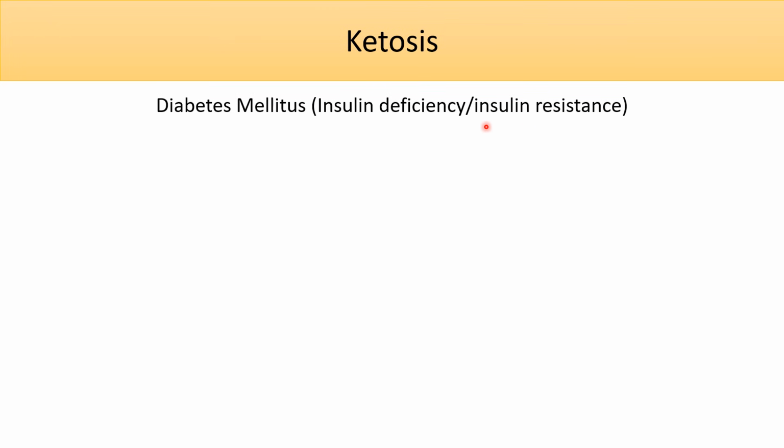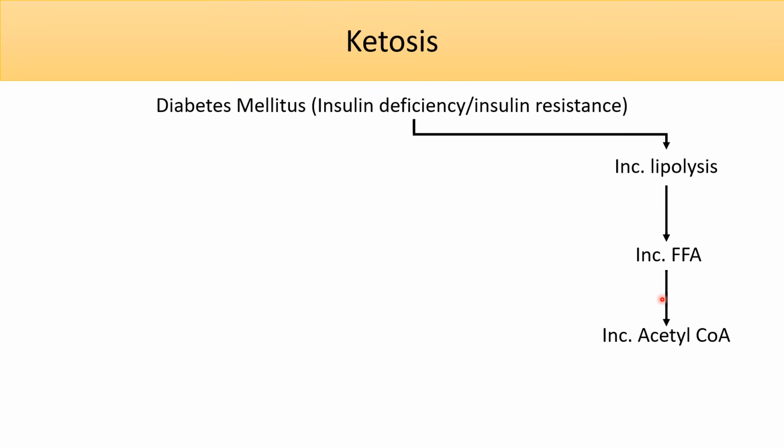Because of that, its inhibitory effect over lipolysis is gone. So that will result in increased lipolysis. When there is increased lipolysis, there will be increased release of free fatty acid. This free fatty acid will be transported to the liver. In the liver, it will undergo beta oxidation to release acetyl-CoA. So acetyl-CoA concentration will be increased. This is the reason for our production of ketone body. So ketone body production will be increased.